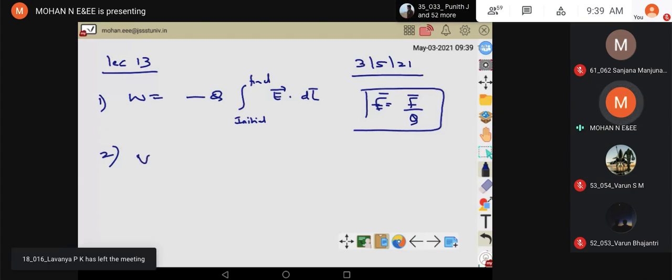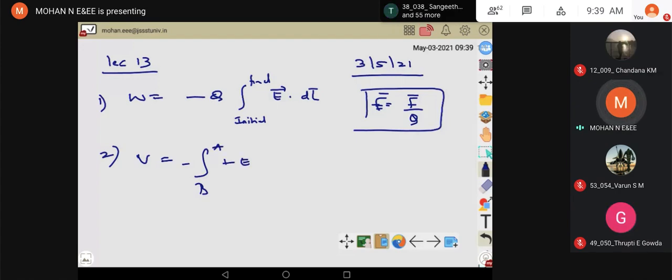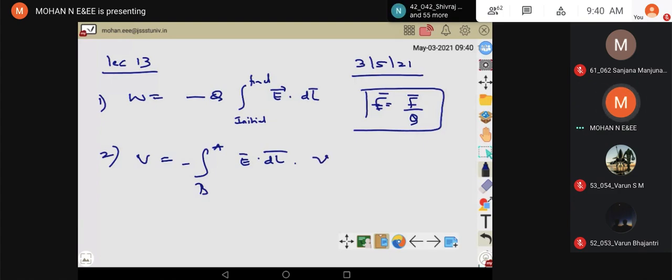It is given as V, and it is moving unit charge from B to A. So therefore, it is V equals minus the integral of E vector into dl vector, and it is in volts, and this is joules.